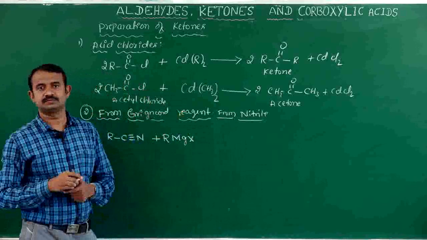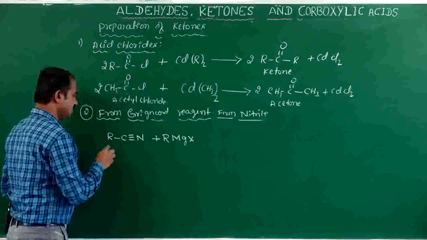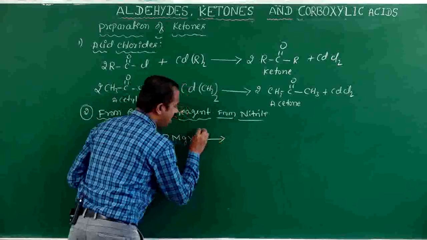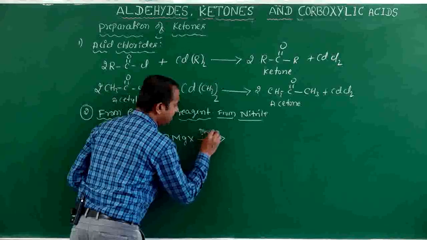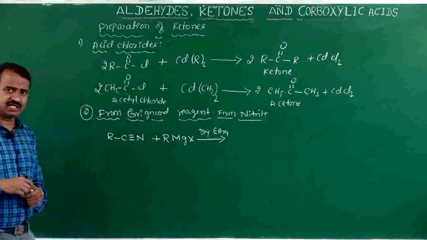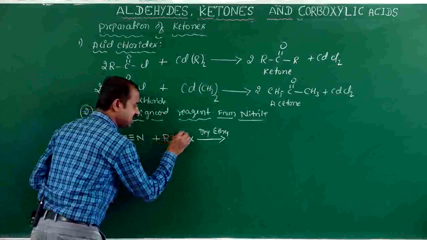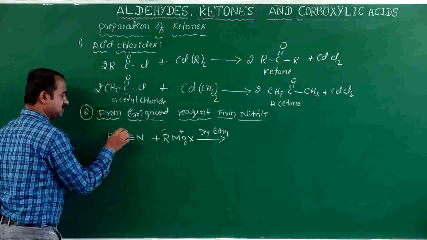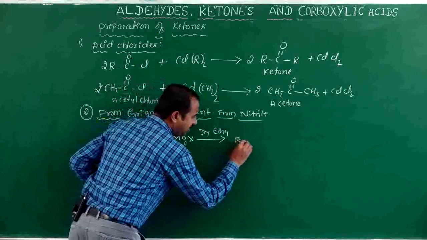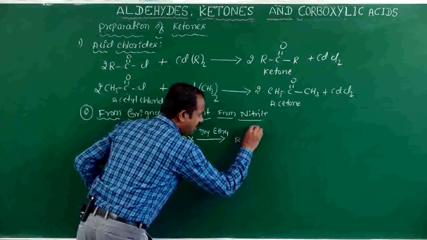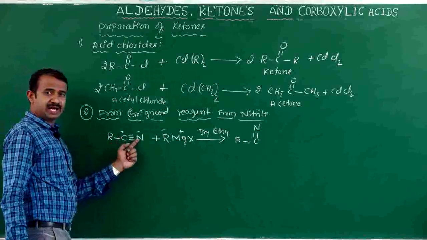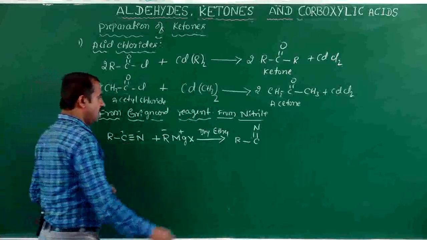RMgX. When the nitrile reacts with Grignard reagent in presence of dry ether, we get R-C=N-R.